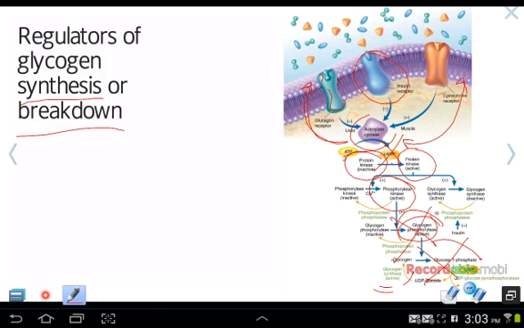And then we can activate through dephosphorylation glycogen synthase, which will then cause glucose to be added to glycogen. So, lots of talking there. But you can read more about this in section 3, a little more in detail, and we'll go over this a little bit in our discussion in class.